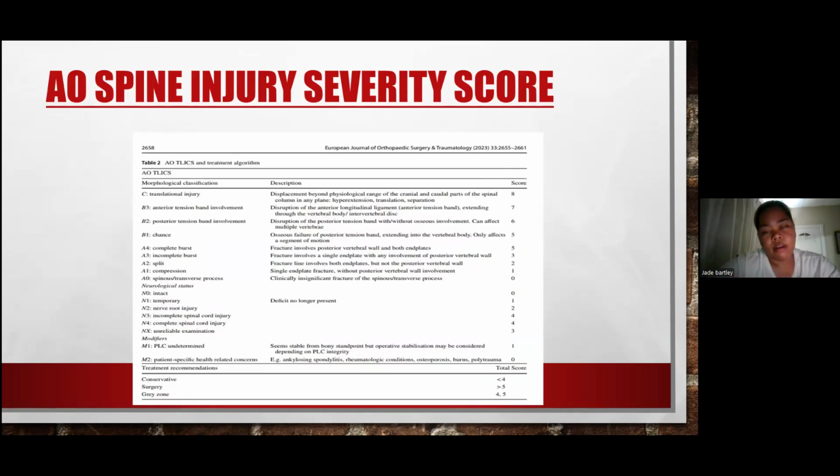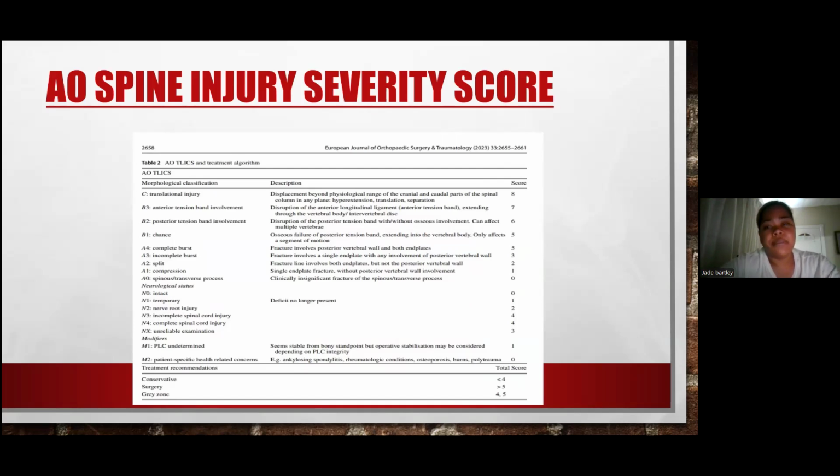Moving further along, based on the fracture patterns, the neurological status, as well as the presence or lack of modifiers, the AO Spine injury severity score was proposed, right? And this basically helps to determine how you'd go ahead and treat these patients.